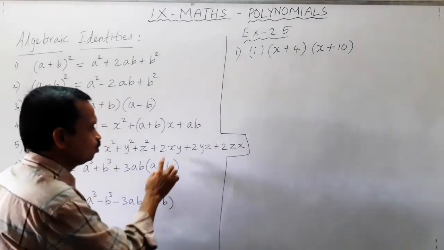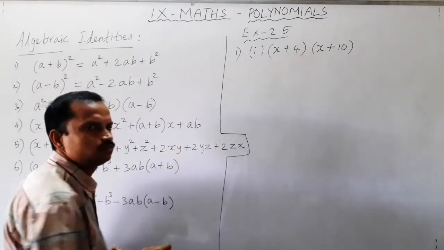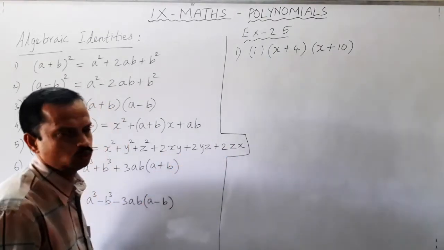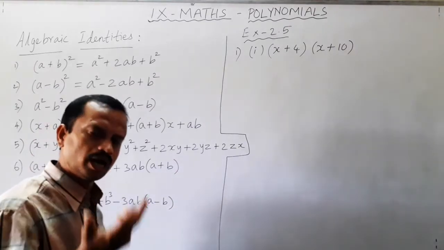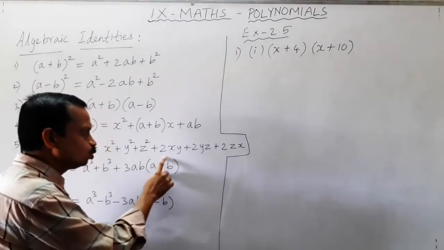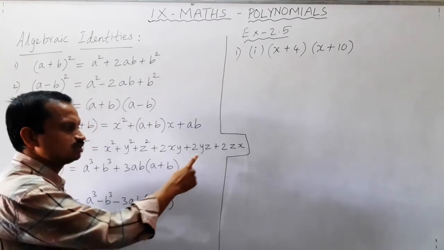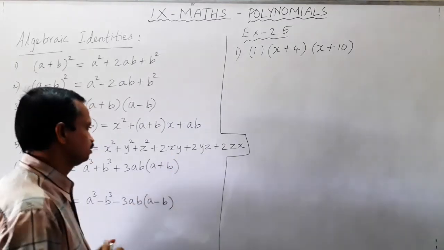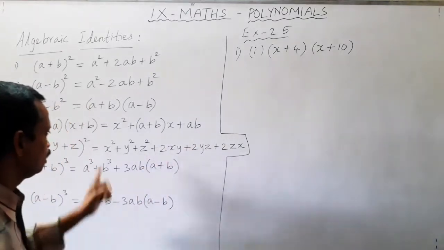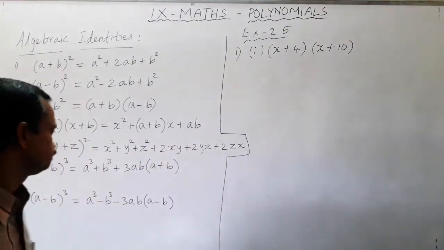Clear? So for all the last 3 terms, the coefficient is 2. So you can take 2 common and write 2 into (xy plus yz plus zx). That is also correct. But in an elaborate manner we have written here.